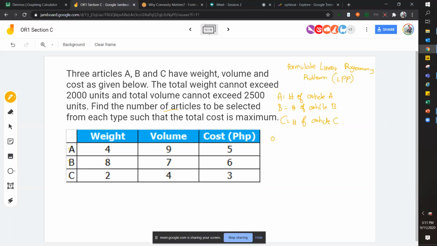Okay, next. Objective. Oh, bakit kaya maximum yung cost? Sige. Maximize the cost equal, so pababa yan, ano?